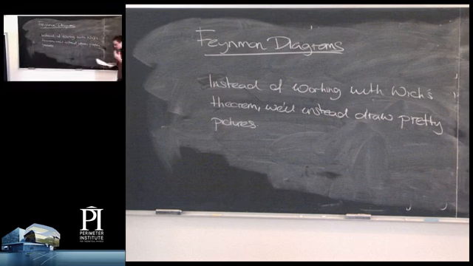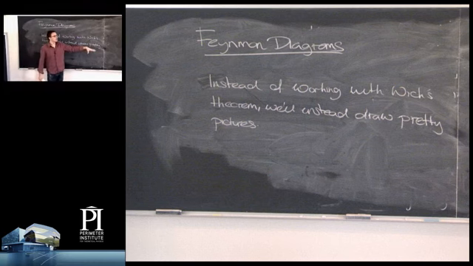Okay, so what I'm going to do is just tell you the algorithm to draw these pictures. The point of these pictures is that every one you can draw down is in one-to-one correspondence with the kind of terms that arise in Wick's theorem.